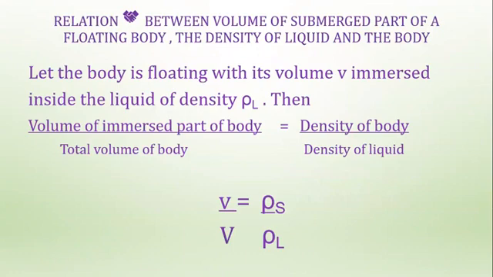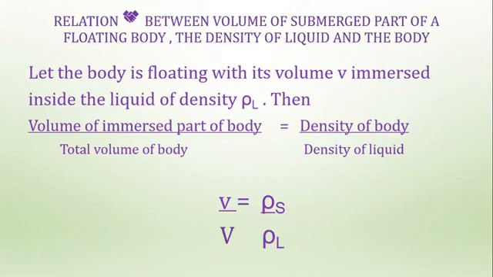Now, the relation between the volume of the submerged part of a floating body, the density of the liquid and the body. Let the body be floating with a volume V immersed inside the liquid. The density of the liquid is rho L. Let us consider the density of the body as rho S, the density of the substance.